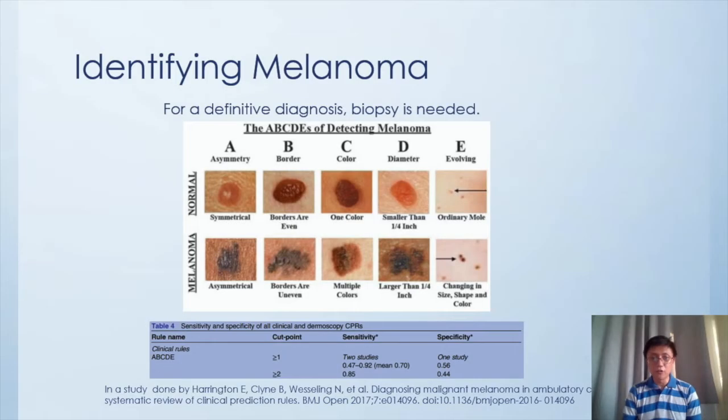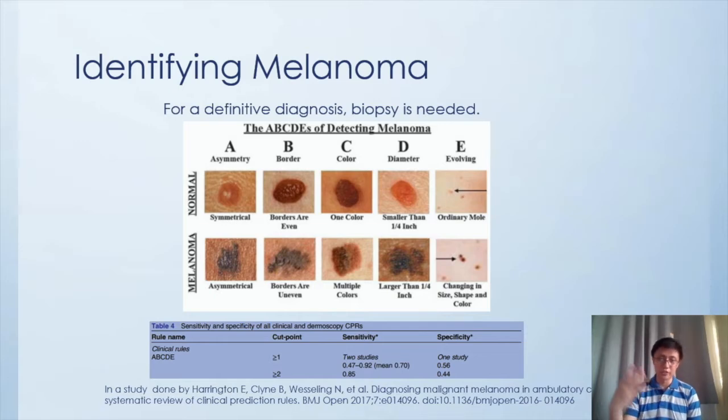To identify melanoma, for a definitive diagnosis, an actual biopsy is needed, where the clinical dermatologists take a sample of the skin. Although there is a method called the ABCDEs of detecting the illness, an acronym for asymmetry, border, color, diameter, and evolving.